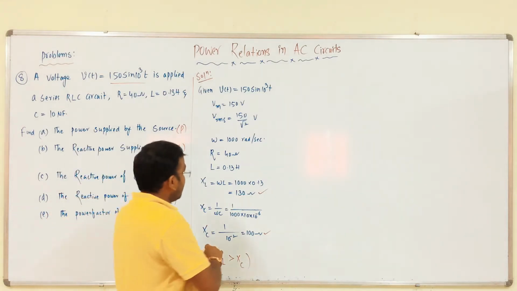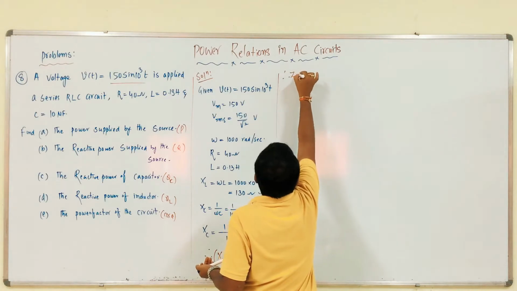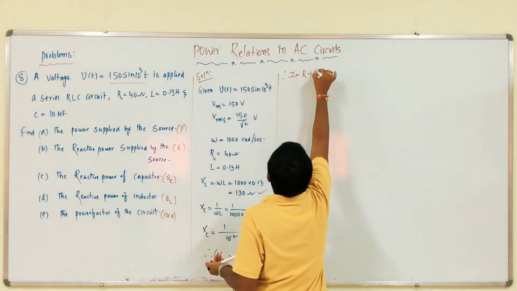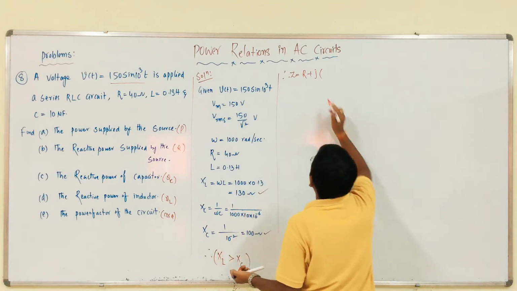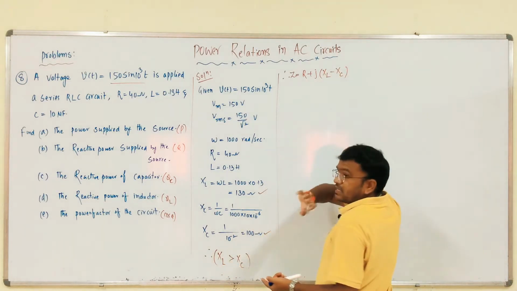Therefore, what is the value of Z? Z equals R plus j times XL minus XC, since XL is more than XC, that is case 1.